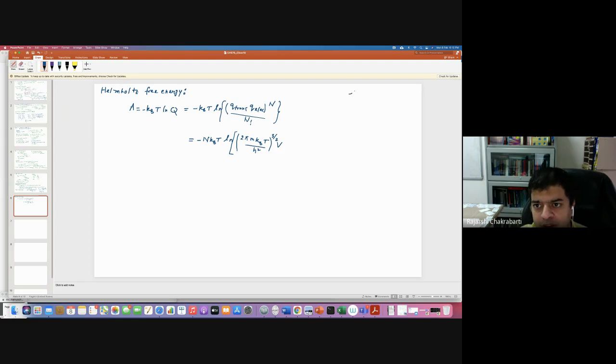But what I have here is ln of 1 by N factorial, which is equal to minus ln N factorial, which is minus N ln N plus N, isn't it? Is it clear? Because ln N factorial is N ln N minus N, isn't it? This is how it is.